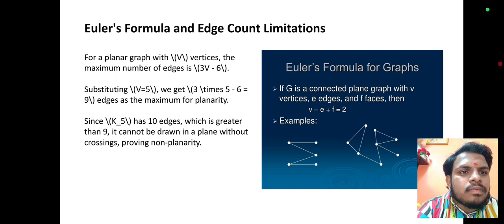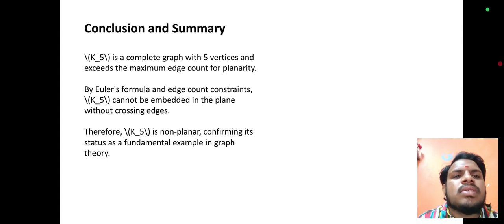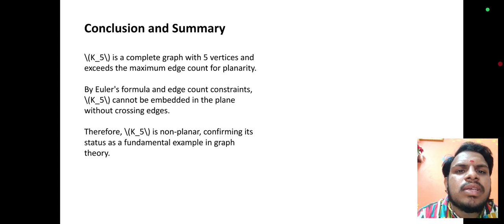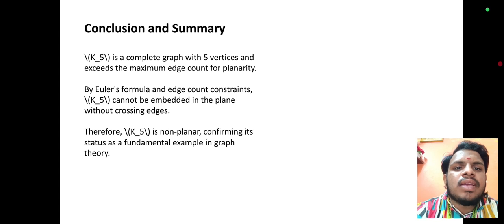Example. Conclusion and summary. K5 is a complete graph with 5 vertices and exceeds the maximum edge count for planarity. By Euler's formula, it cannot be embedded in the plane without any crossing edges. Therefore, K5 is non-planar.